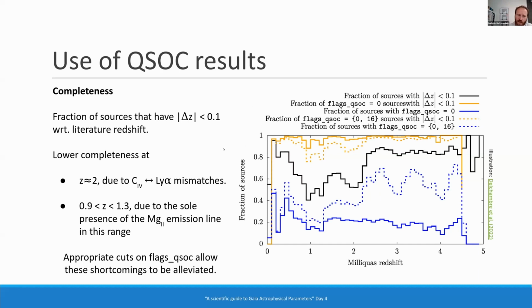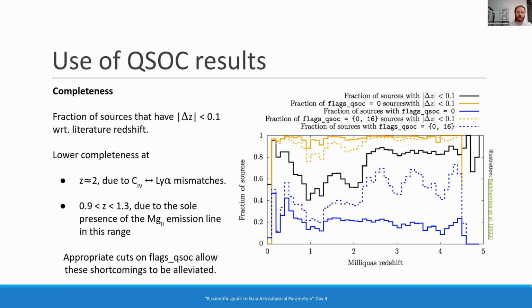And we see that we have two lower bands here. One is associated to redshift around 2. This is a quite classical mismatch between the carbon-4 emission line and the Lyman alpha emission line, because the shifts between these lines and the carbon-4 and carbon-3 emission lines are quite comparable when considered on a logarithmic scale.